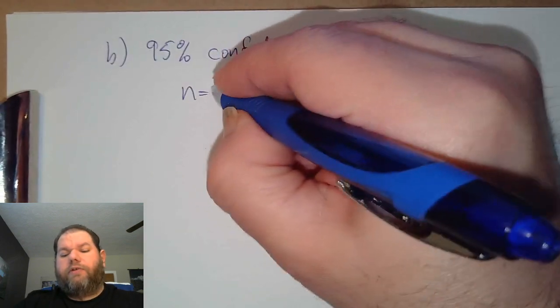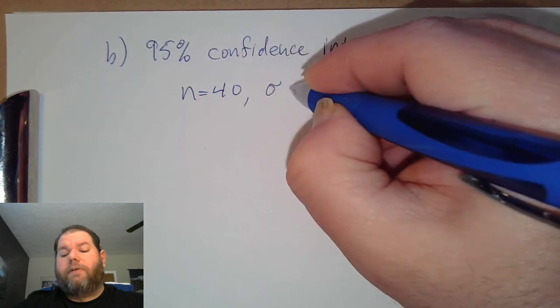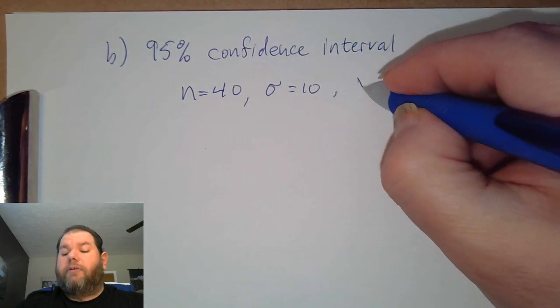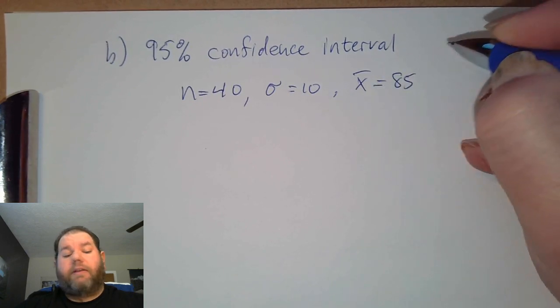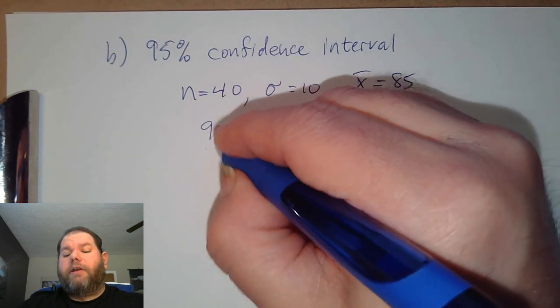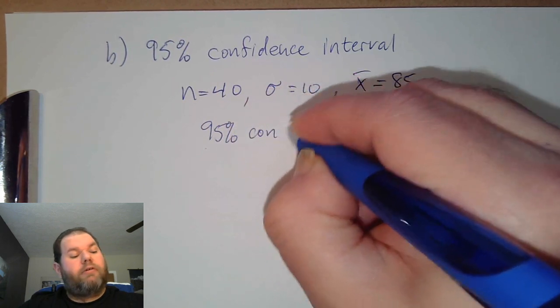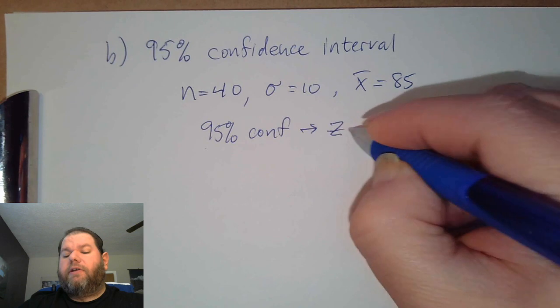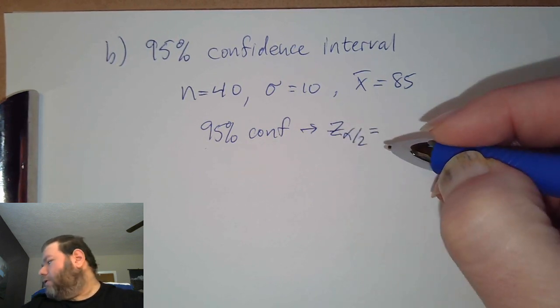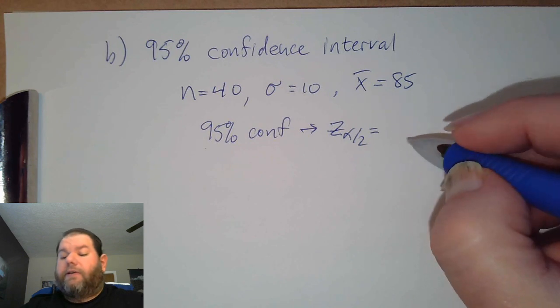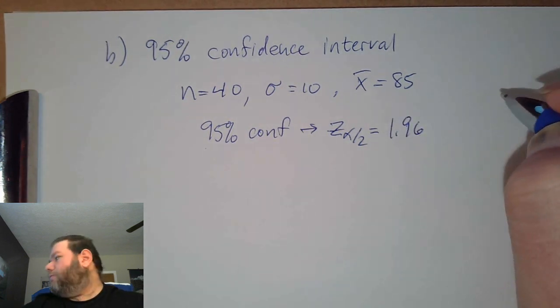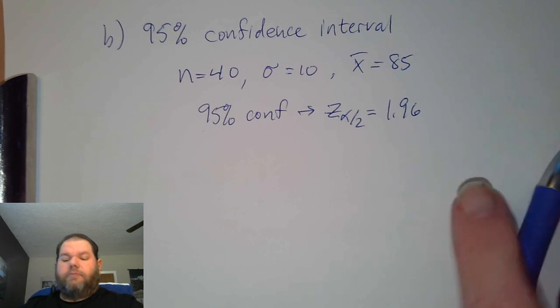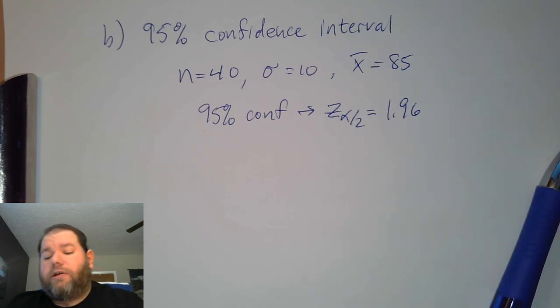Okay, so we still know that n is equal to 40, sigma is still 10, x bar is still 85. That information hasn't changed. Now we have 95% confidence, which tells us that z alpha over 2 will be equal to 1.96. And again, we just looked that up on our formula sheet, which will be included in the instructions at the top of the test.